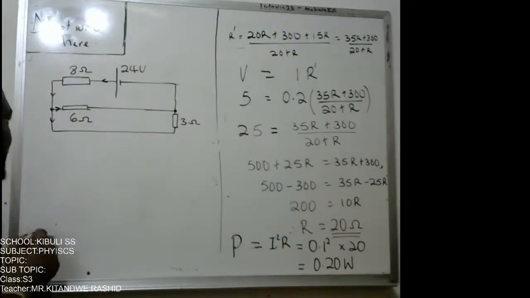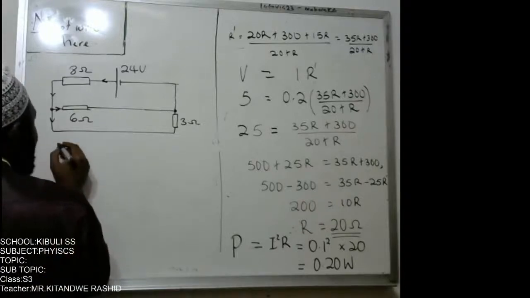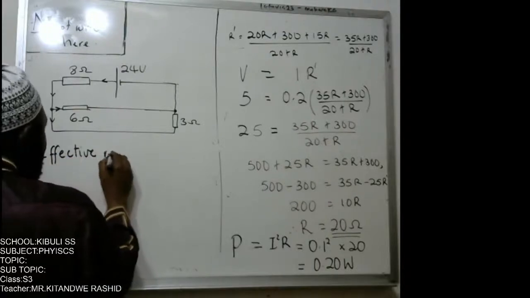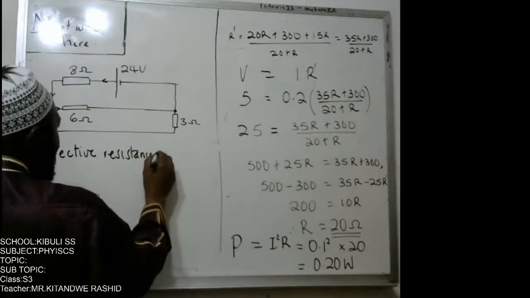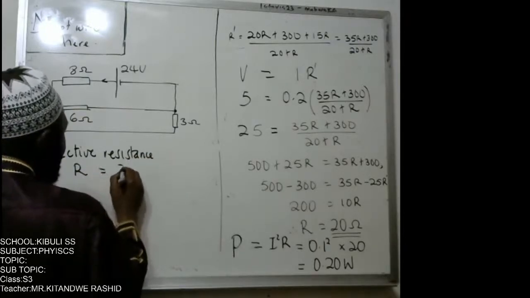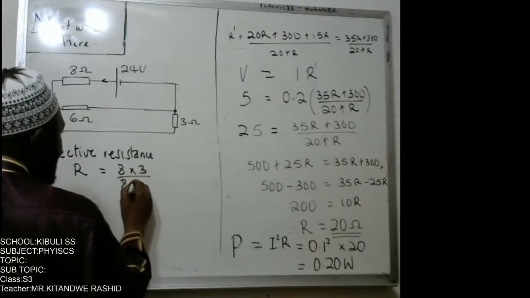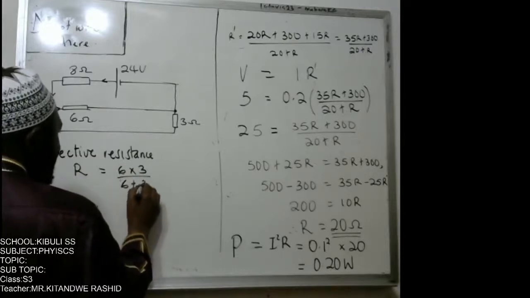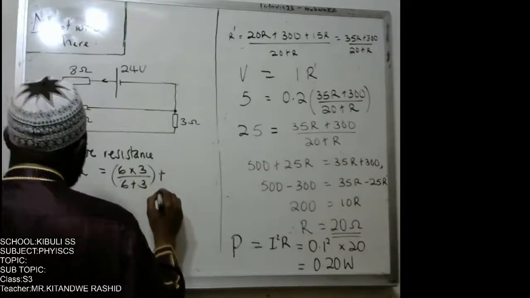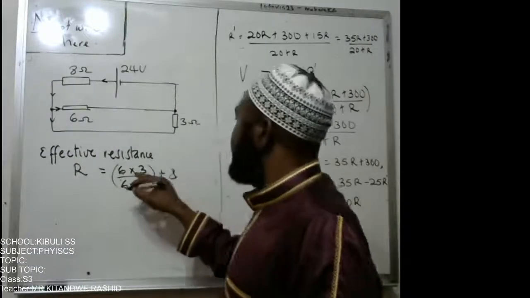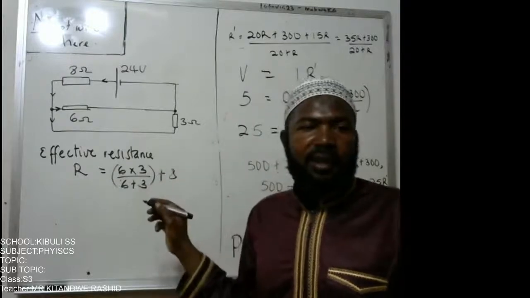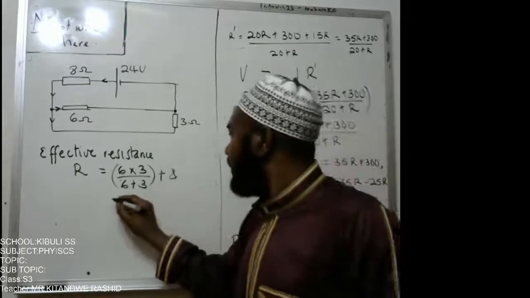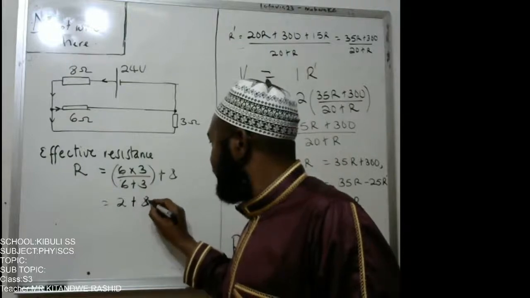Are you noting that? So, in parallel setting, the effective resistance, I'm using a summary, R is going to be the product over the sum: 6 by 3, and then 6 plus 3, plus 8. 6 by 3 is 18, 6 plus 3 is 9, 18 over 9 is 2, 2 plus 8 is 10.